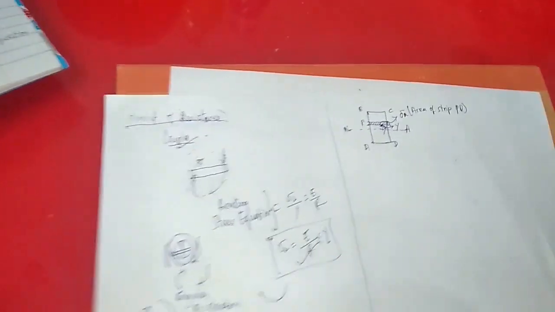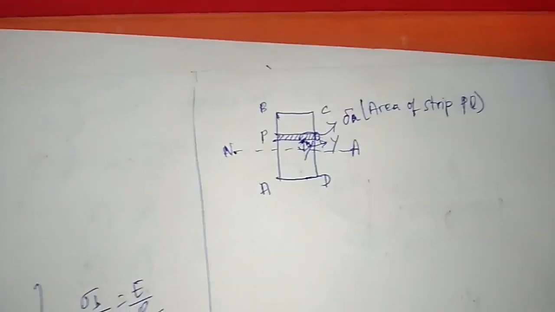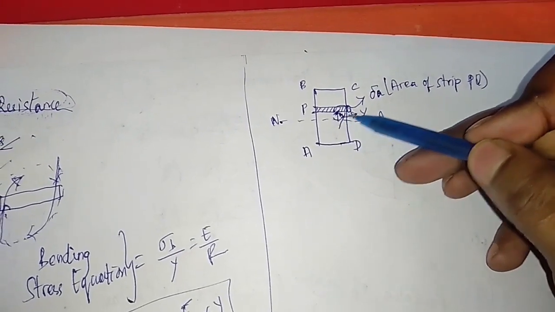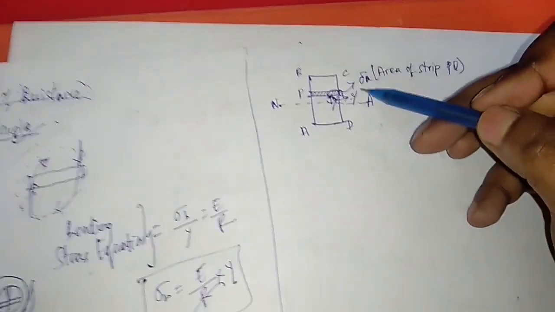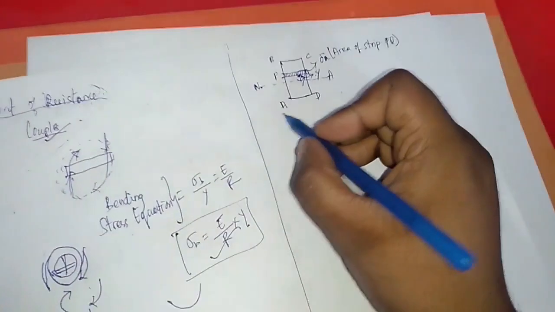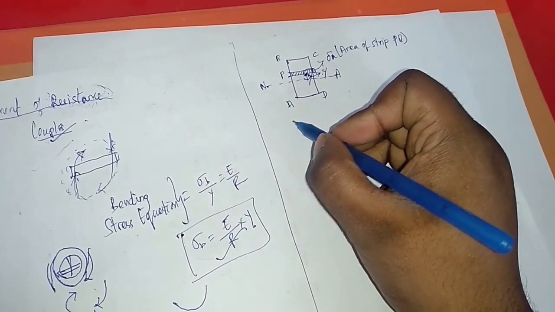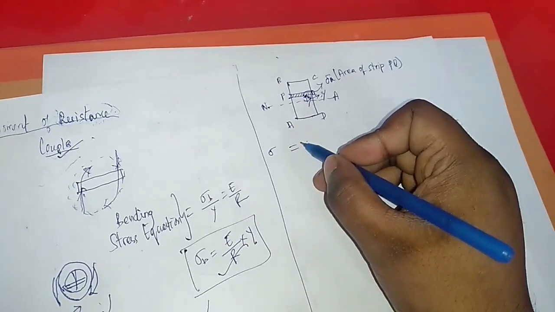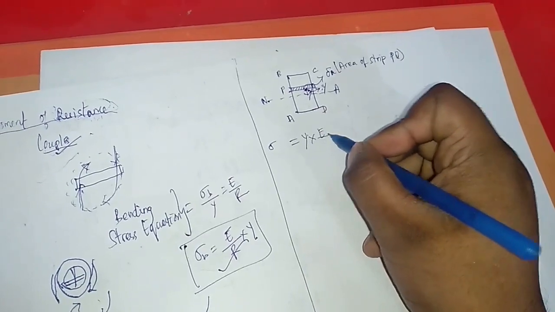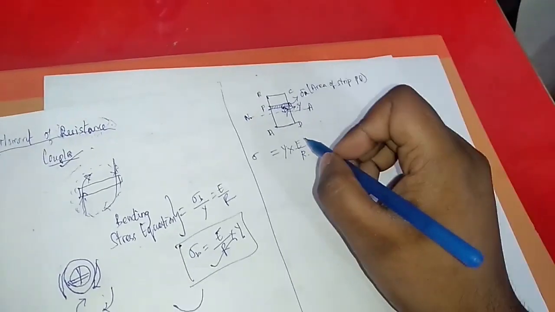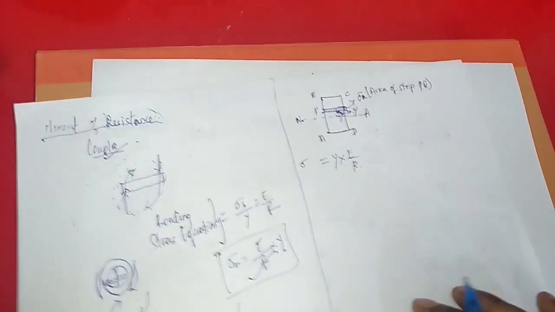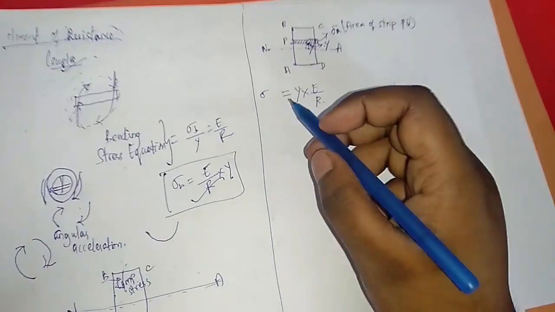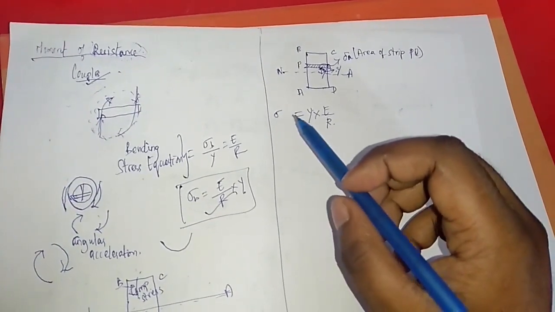So let delta A is equal to area of strip, and it is at a distance of y from the neutral axis. So you already know the expression for bending stress. What is the expression for bending stress? That is sigma is equal to y into E by R. You already know, right? Previous class I took the expression of bending stress. Okay. So now you have to find the total stress in the layer PQ.